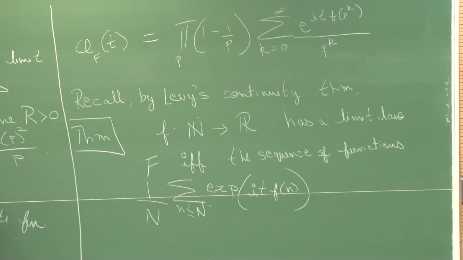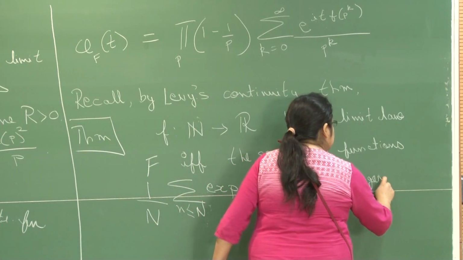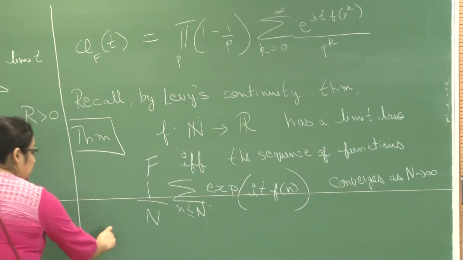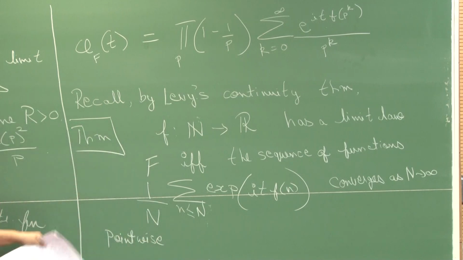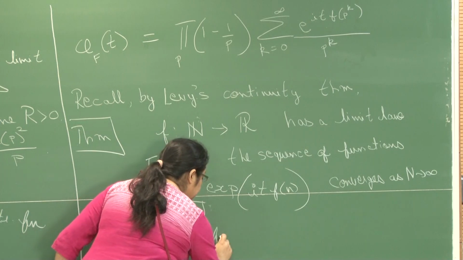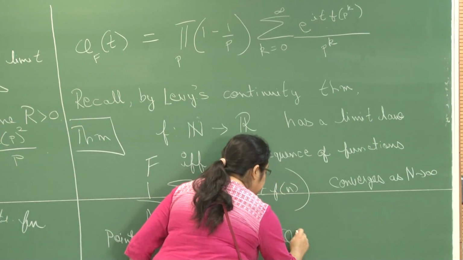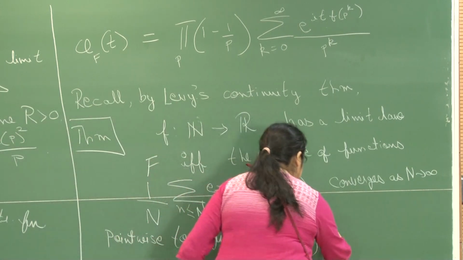Okay. So, if the sequence of functions, for capital N bigger than or equal to 1, converges as capital N goes to infinity, pointwise, to some function of t, let us call it phi of t, which is continuous at 0. This is another equivalence.